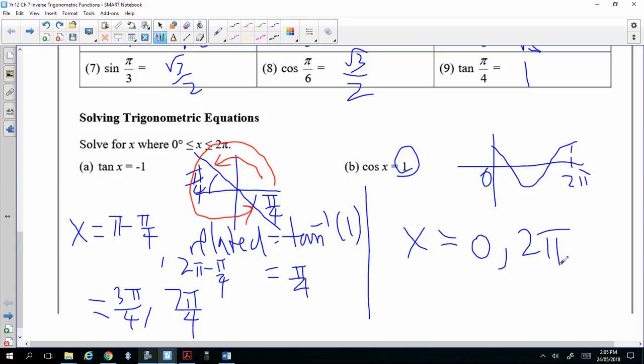So now we're going to investigate and introduce to you all 3 inverse trigonometric functions. So we're going to go to the next page and then go through how we develop these graphs. So let's look at the next page.